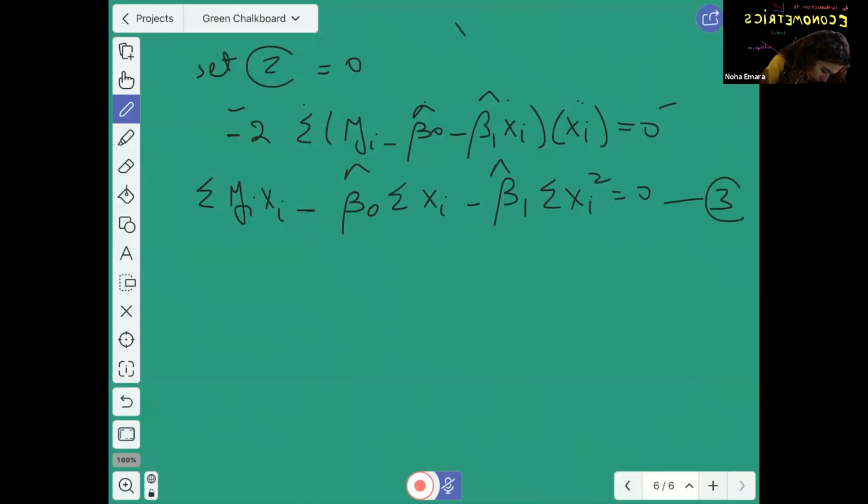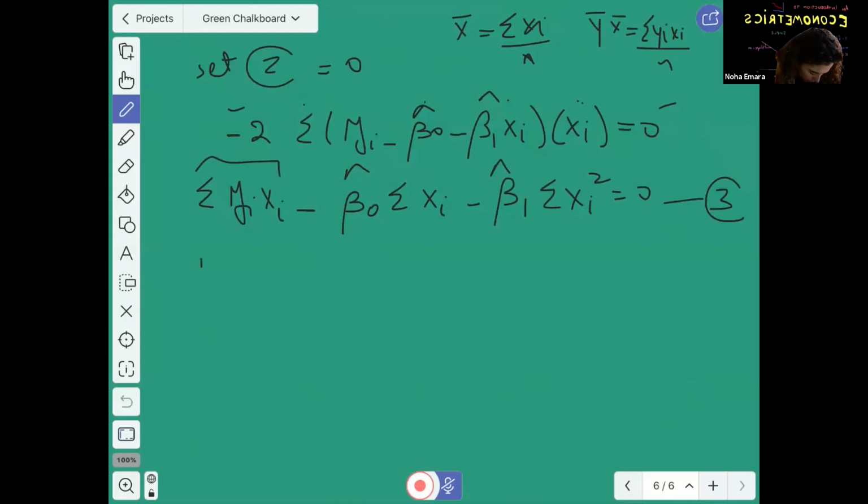You know this already. If I want to find x bar, it's equal to the sum of xi over n, okay? And the same thing for y bar x bar, it's the sum of yi xi over n. So I can do this here, right?